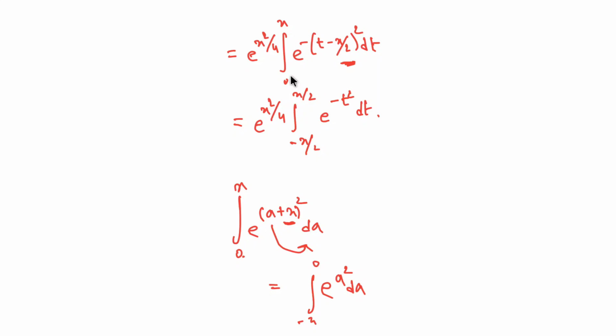If I take x by 2 from 0, I get minus x by 2. If I take x by 2 from x, it becomes x by 2. So that's what I have written. This is a very important property. I hope you all will make a note of it. So let's continue. Let me erase this.